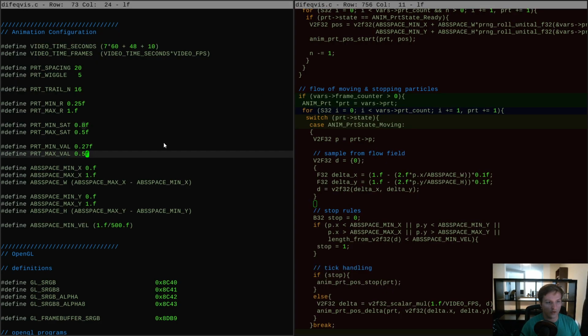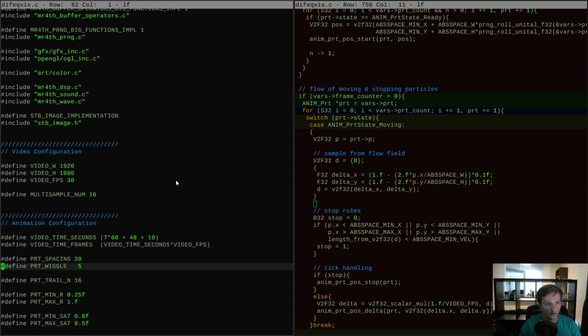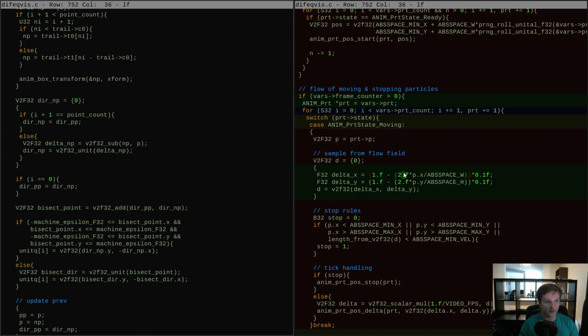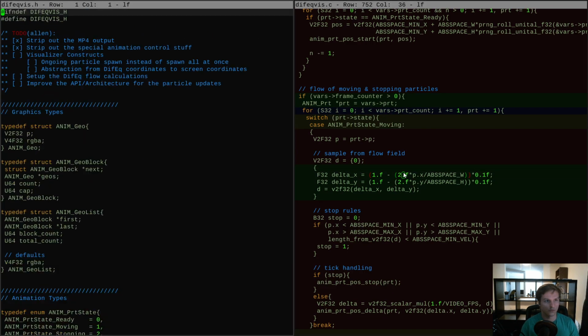Or the velocity cutoff could be very, very small, like an epsilon value. Let's explore this. Where's my to-dos? Okay. So we've done the abstraction in the sense that we have that transform now.